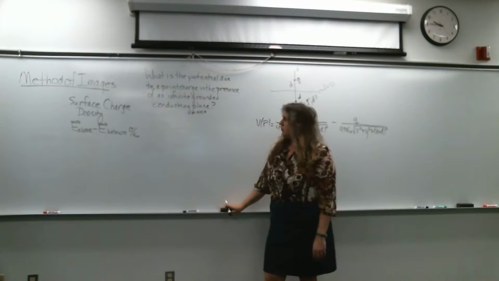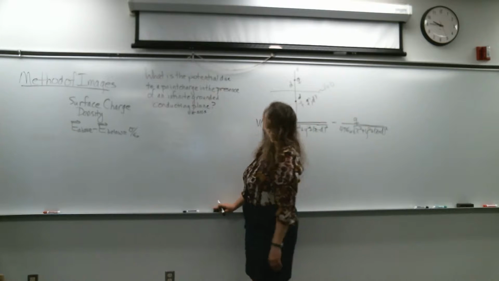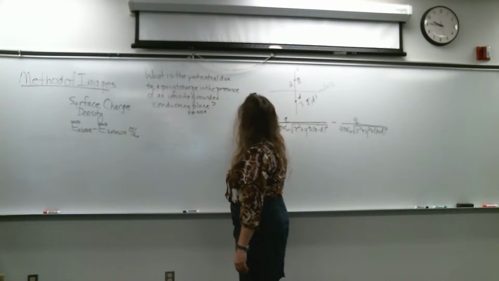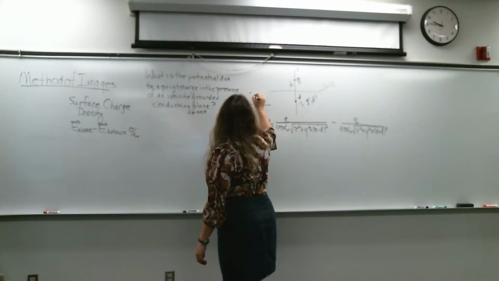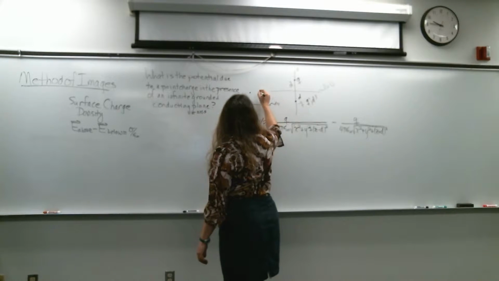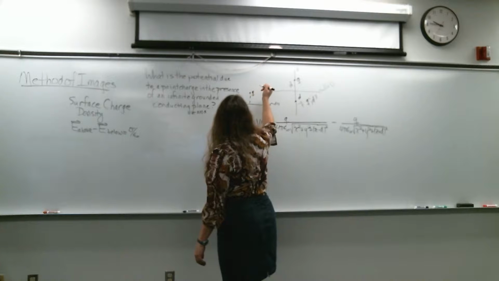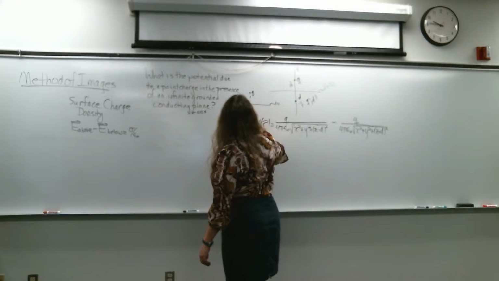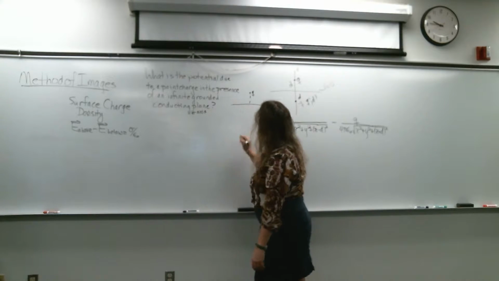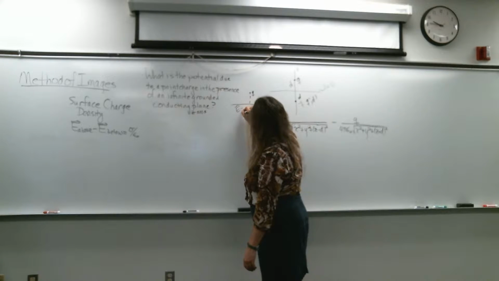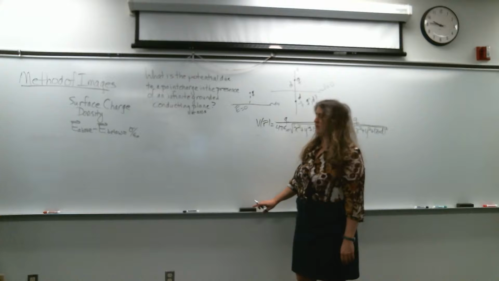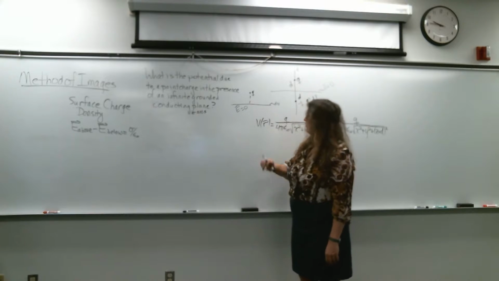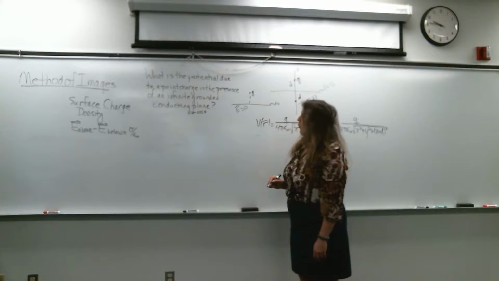Okay, the electric field below is going to be equal to 0. Right? It's on the other side of the conducting plane, so it's just 0. What about above?